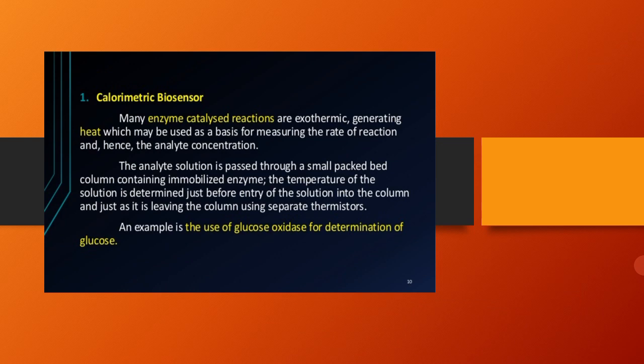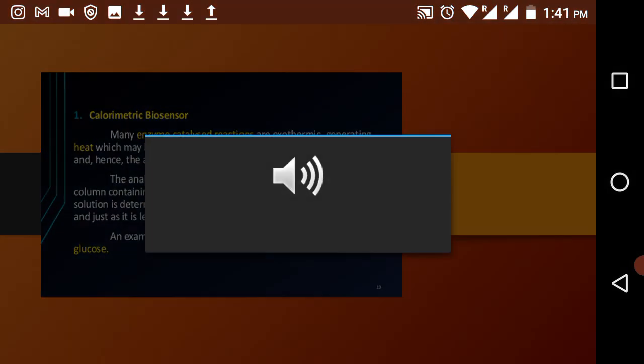In this, the enzyme glucose oxidase is used for the determination of glucose. The more product is produced, the more heat will be generated, and that heat will then be calculated, the temperature will be determined.